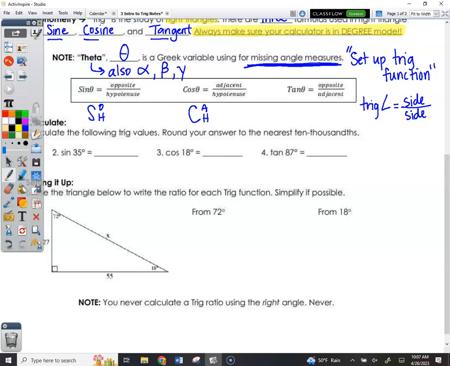When I was in high school, we had to memorize it. We weren't given a formula sheet. And my math teacher showed us SOHCAHTOA. And that's how we memorized that sine is opposite over hypotenuse, cosine is adjacent over hypotenuse, and tangent is opposite over adjacent. SOHCAHTOA.